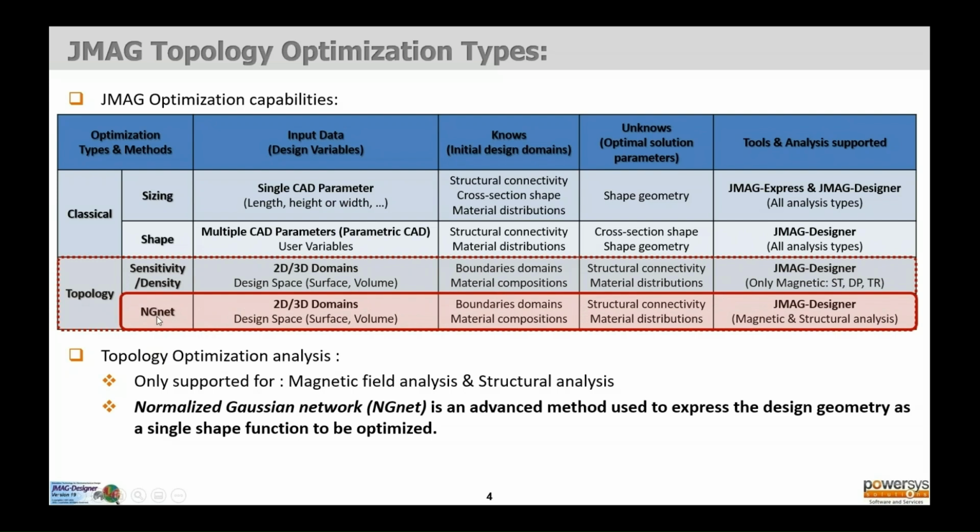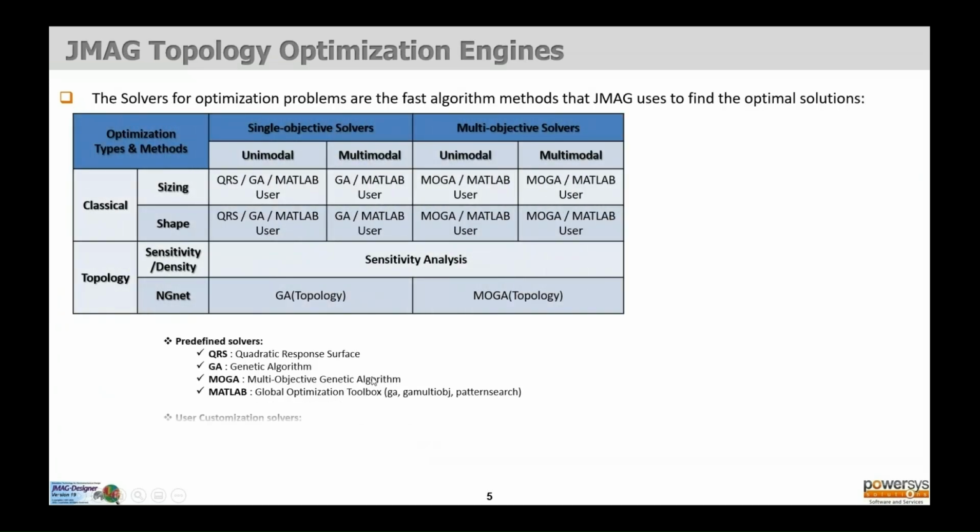In this method, we start by selecting the 2D or 3D domain, for example the surface or volume, and then based on the boundary domain or the material, we try to find the optimal material distribution of the design region. During the demonstration, we will also use some optimization solver. In this method, we have two types of solver depending on the objective function that you will set.